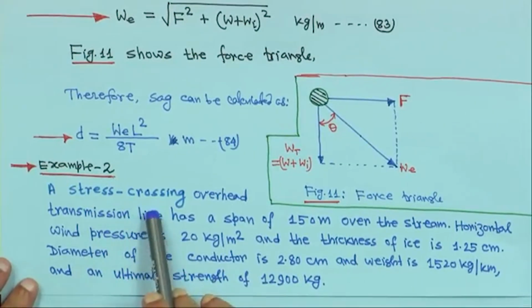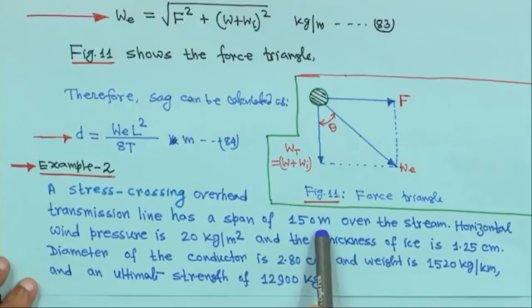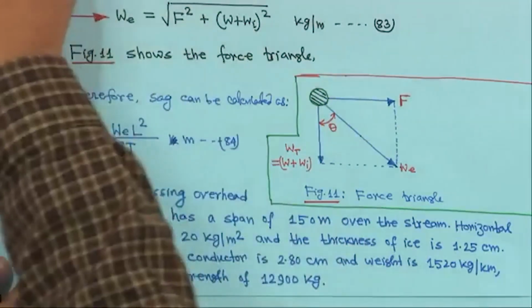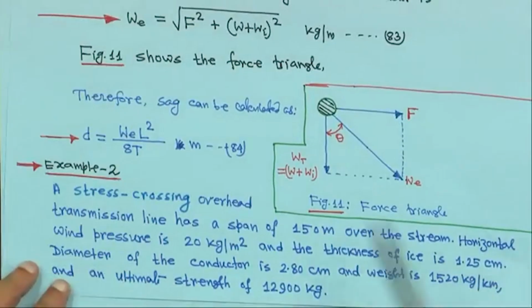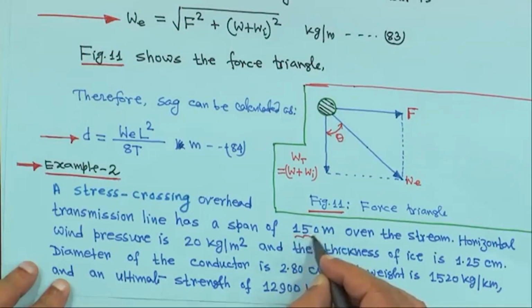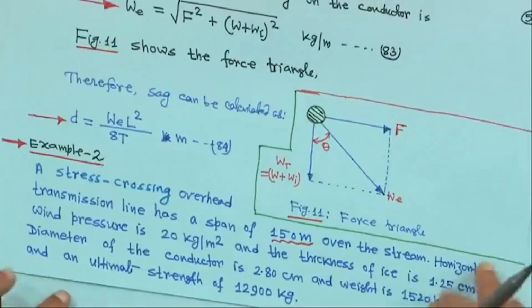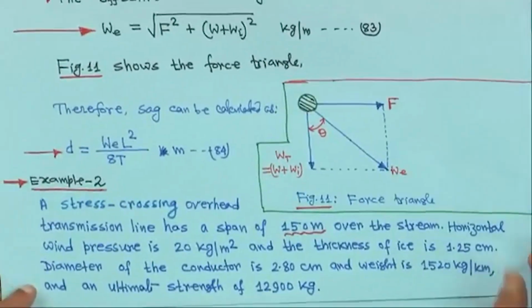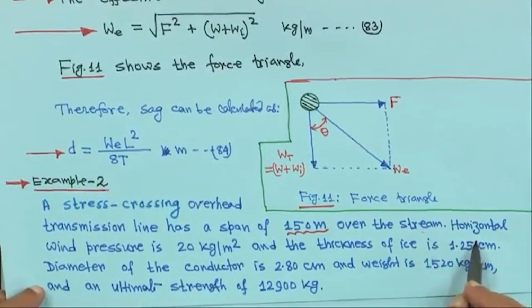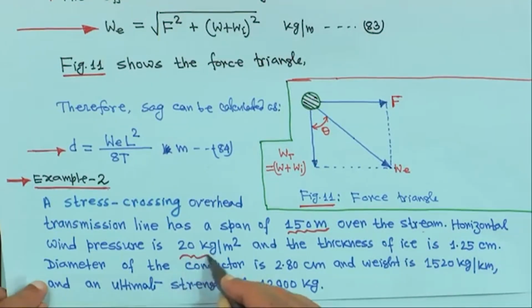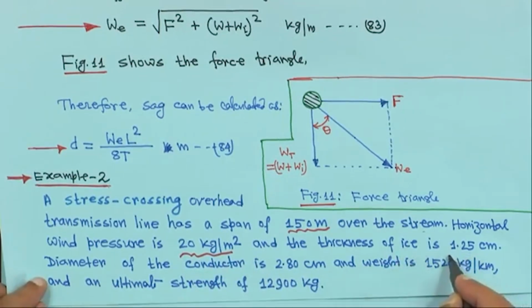A line crossing over a stream has a span of 150 meter. Horizontal wind pressure is 20 kg per meter square, and the thickness of ice is 1.25 centimeter.